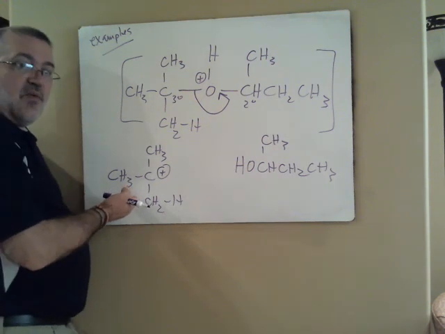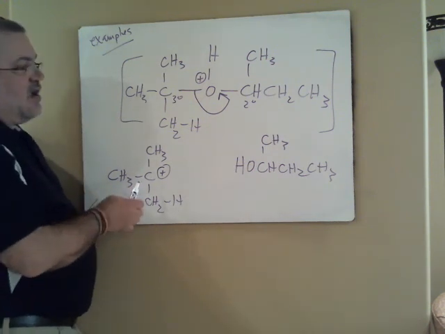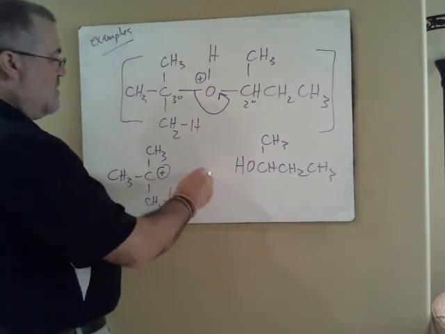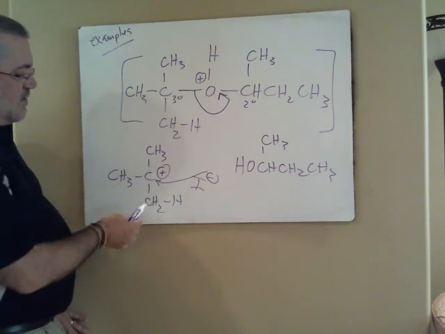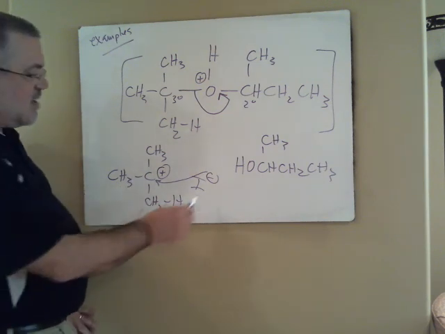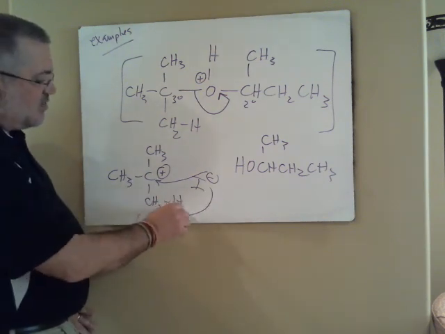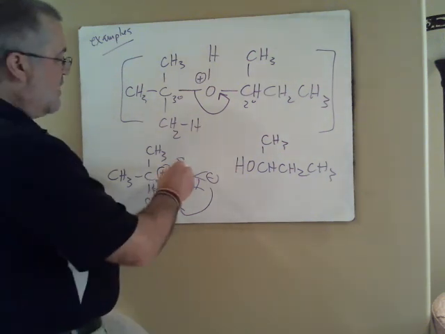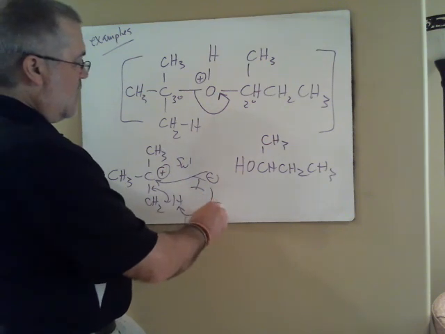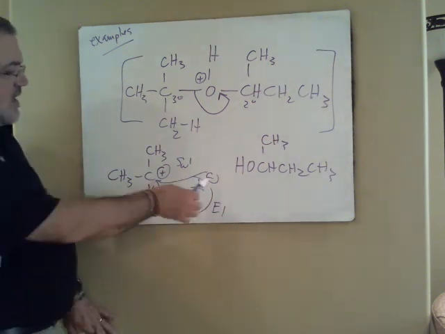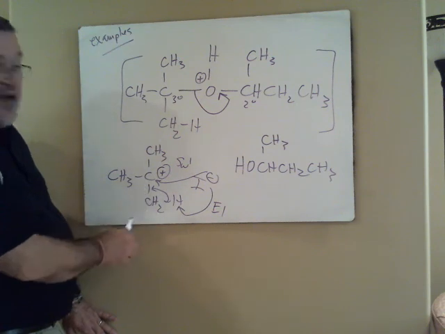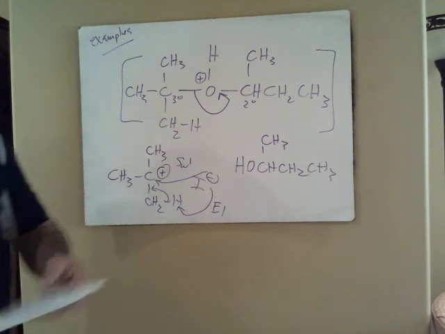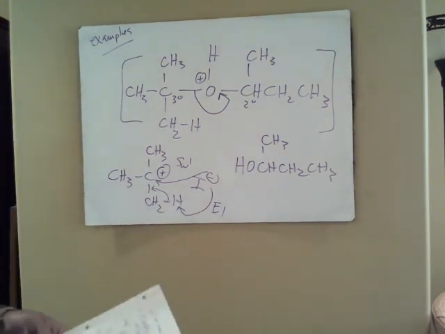That's why it's SN1 E1. And so now I either have the I minus come into this center to form the tertiary alkyl halide, or it could act as a base and pull off this proton and push these electrons in. So I could get either the SN1 or the E1 product, either the alkyl halide or the alkene. Okay, so the reaction is not as clean in that case, but those are the products that form.